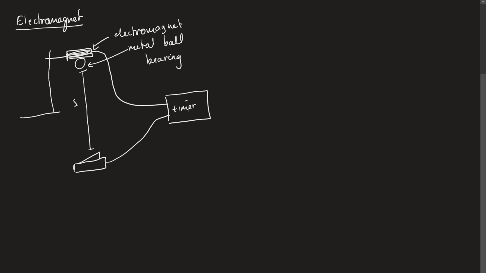This means that each time we just have to set s to be a specific value, and that specific value we're going to change. Then we're going to alter s by maybe 0.1 meters.